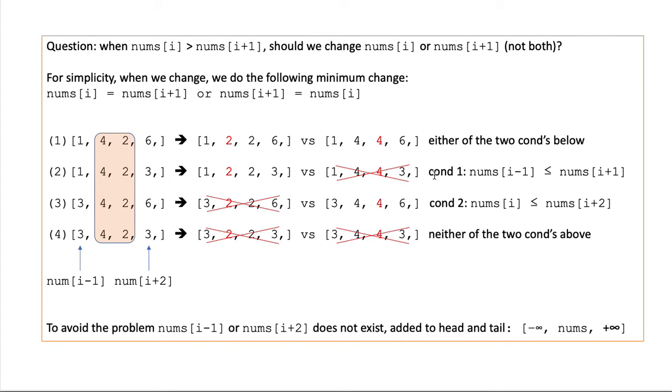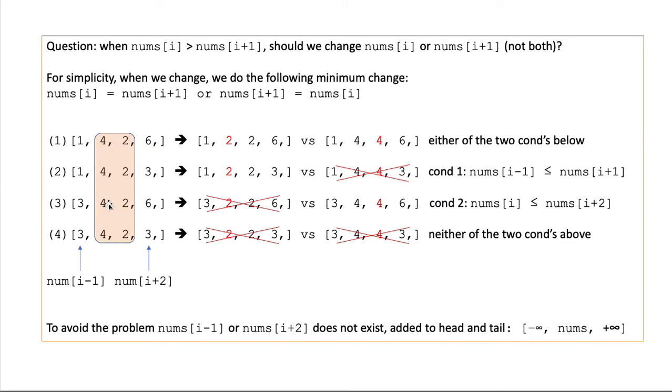Basically, there are two conditions. Condition 1: nums[i-1] is less than or equal to nums[i+1]. In this condition, we may change nums[i] to equal nums[i+1] and still maintain a non-decreasing order. The other condition is when nums[i], here 4, is less than or equal to nums[i+2].